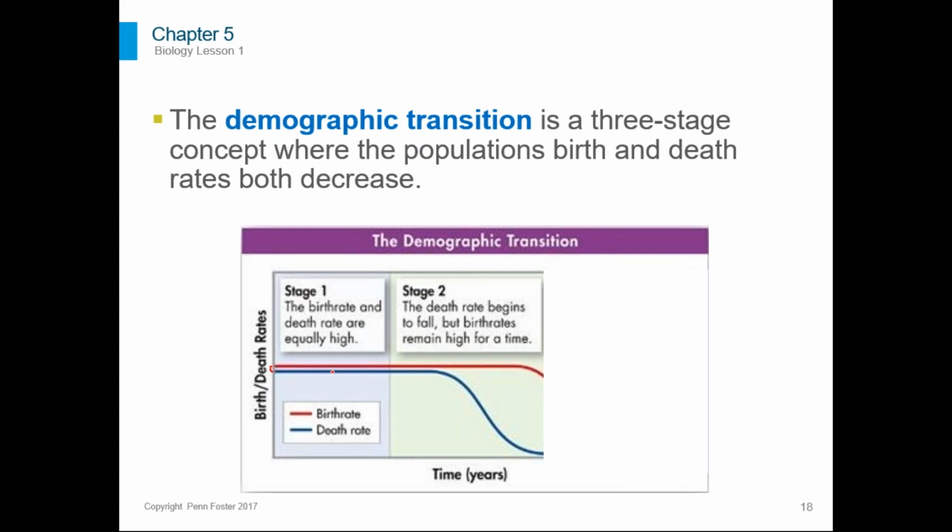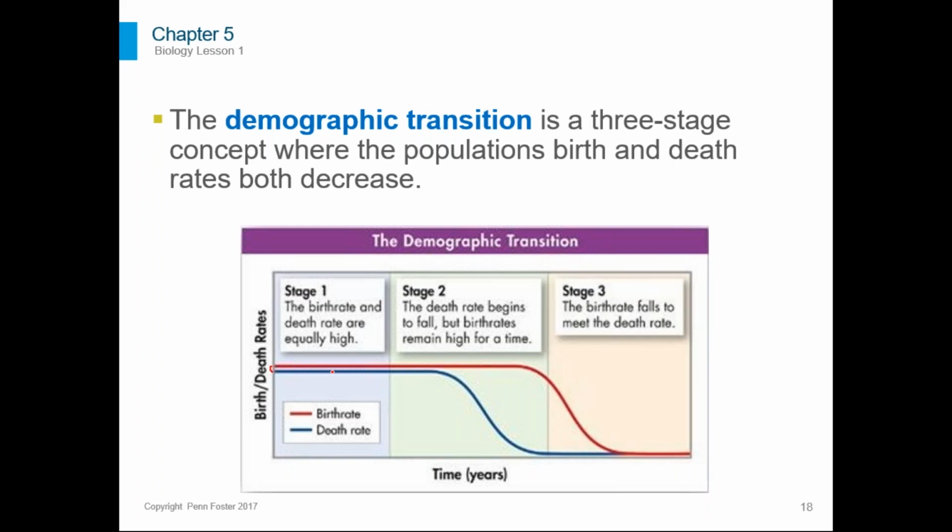And then in the third stage, the birth rate actually decreases and eventually stabilizes with a low birth rate and a low death rate. And that's where a lot of countries are getting to now, where the birth rate is falling to be actually about the same as the death rate. So it's still higher in most countries.